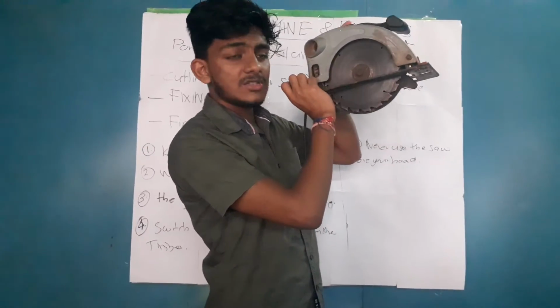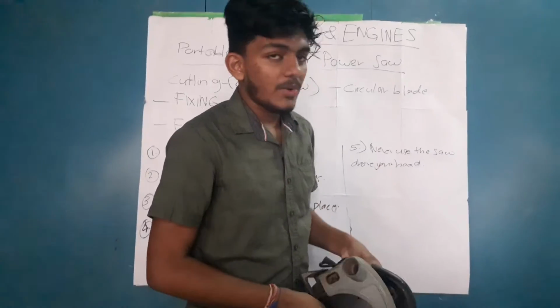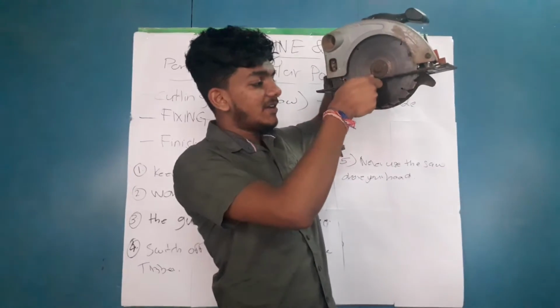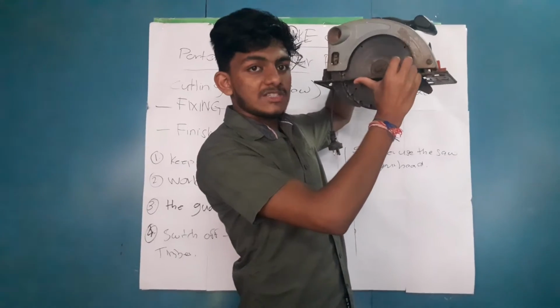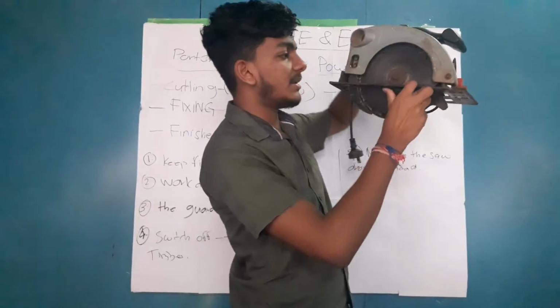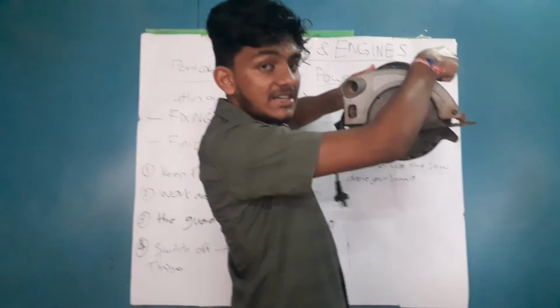First of all, circular saws are very heavy. Secondly, while operating it above your head, it will be very difficult, because one of your hands should be placed near the blade on the side, and one hand will be on the grip. You will find it difficult to hold it on top and to press the trigger.